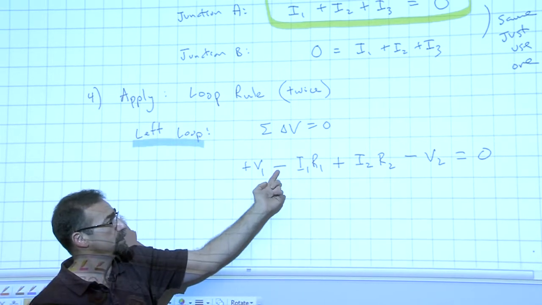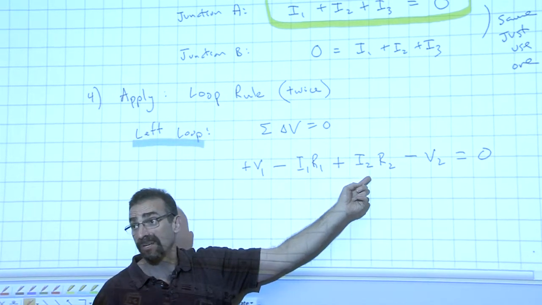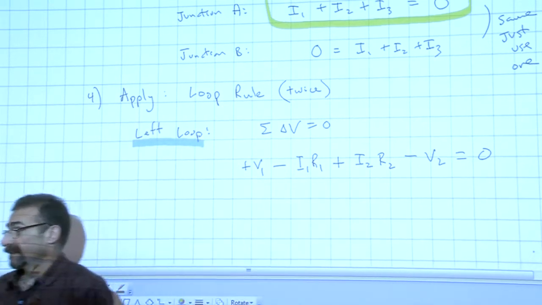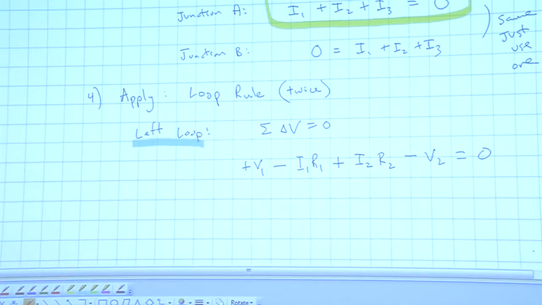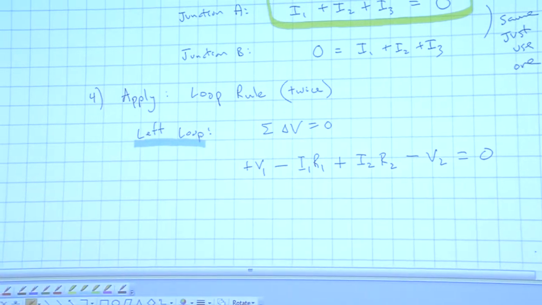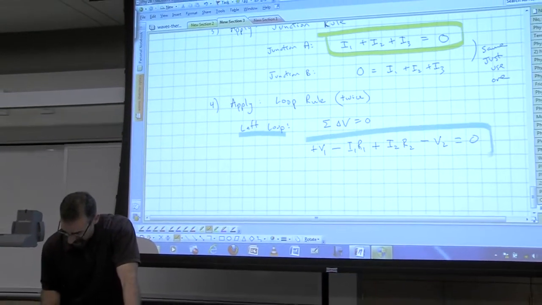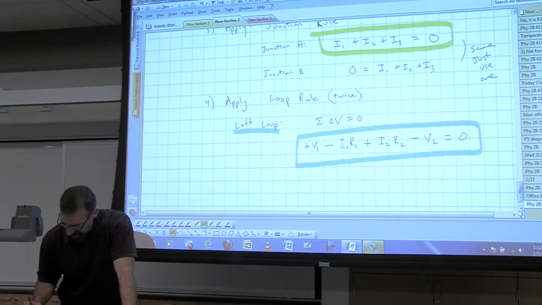And a resistor could be a drop if you're going with the current, or a rise in potential if you're going against the current. So that's why the little plus minuses help. Okay, so that's our second equation. The junction rule was our first equation. Here's our second equation. And then we need another loop.